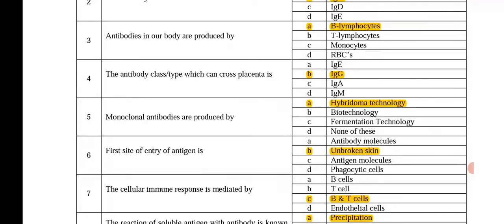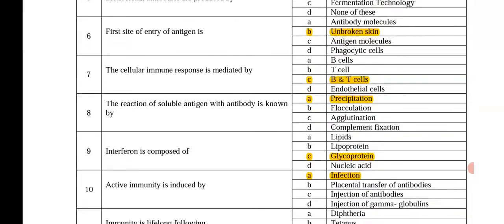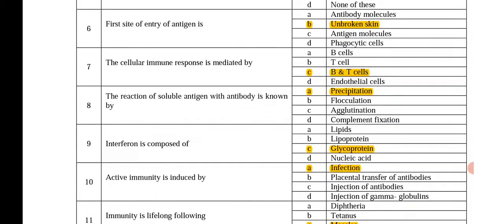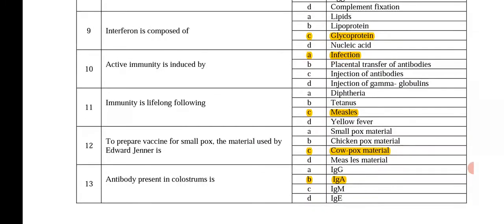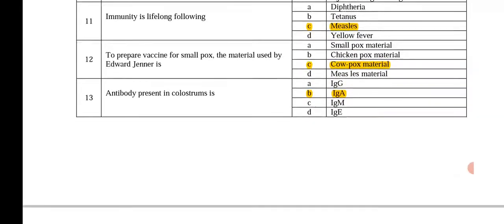The cellular immune response is mediated by B and T cells. The reaction of soluble antigen with antibody is known as precipitation. Interferon is composed of glycoprotein. Active immunity is induced by infection. Immunity is lifelong following measles. To prepare the vaccine for smallpox, the material used by Edward Jenner is cowpox material.